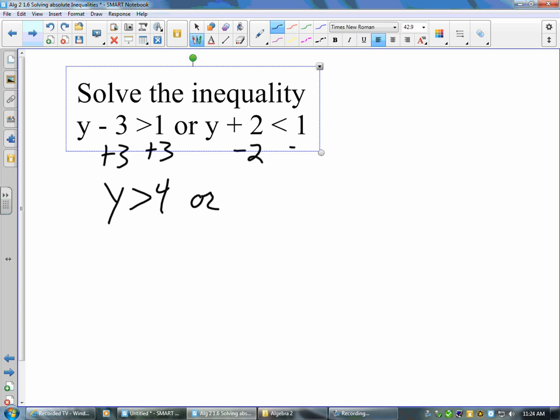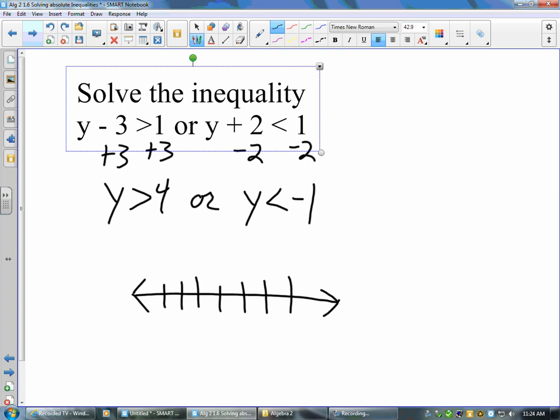Minus 2, y will be smaller than -1. Graph your inequalities: open circle at -1, open circle at 4. It's an OR, and so we're shading bigger than 4 and smaller than -1.